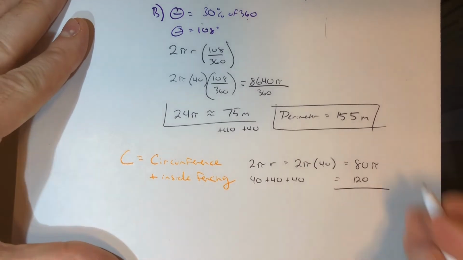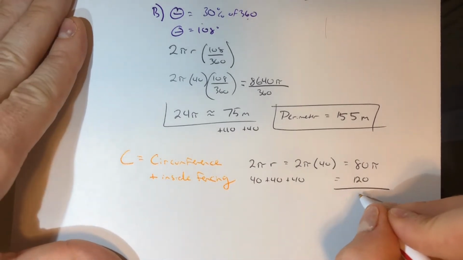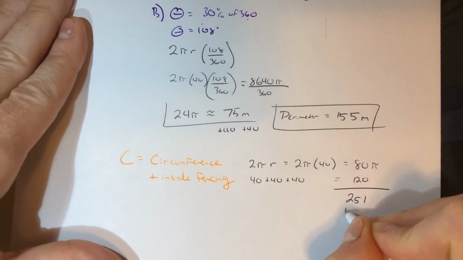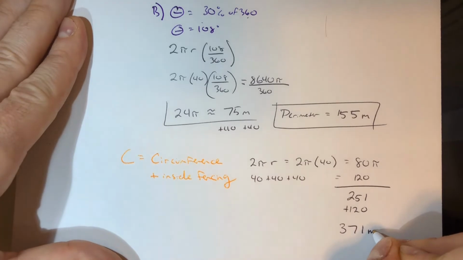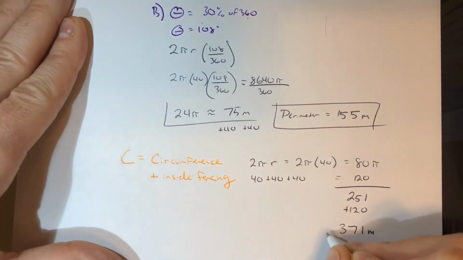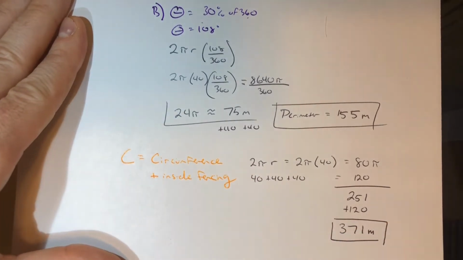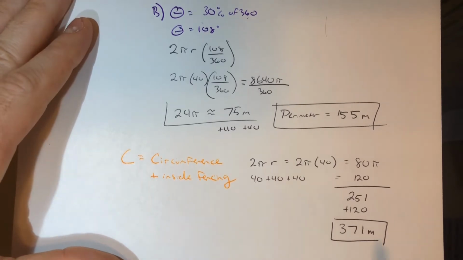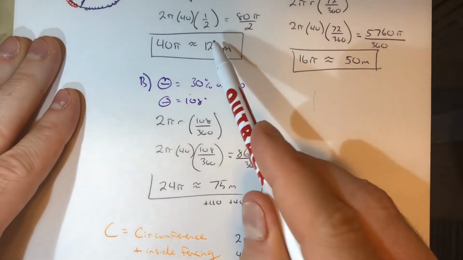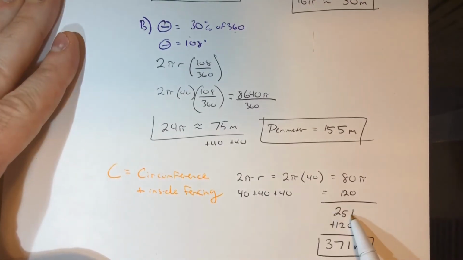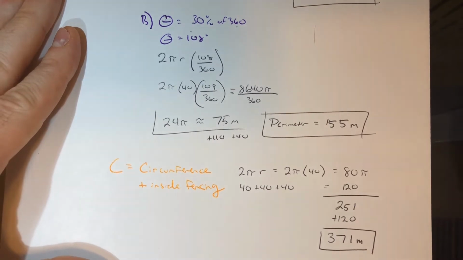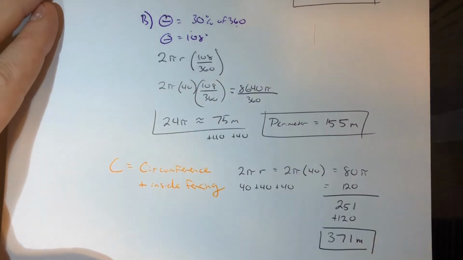Well, 80 pi, we're going to find that out to be roughly 251 plus 120, which is going to bring our grand total to 371 meters. Yeah, we're using meters. Awesome. The alternative would be I could add 150, 126, and 75, and I would get the 251. And then I'd still have to add the 120, which would bring us back to 371.